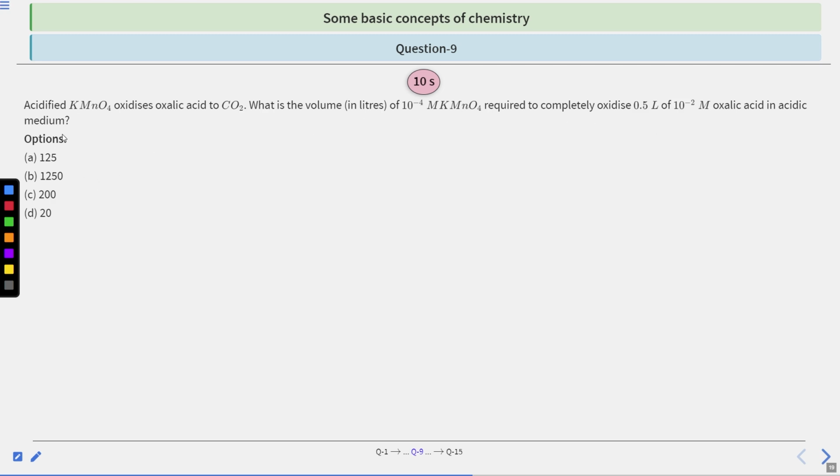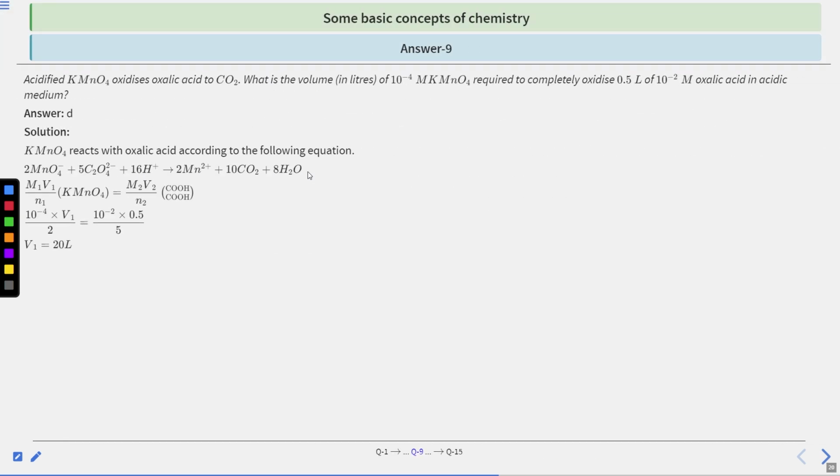Options are 125, 1250, 200 or 20. You have 10 seconds to solve this question by yourself. After that, we will see the answer. Okay, so the correct option will be option D.